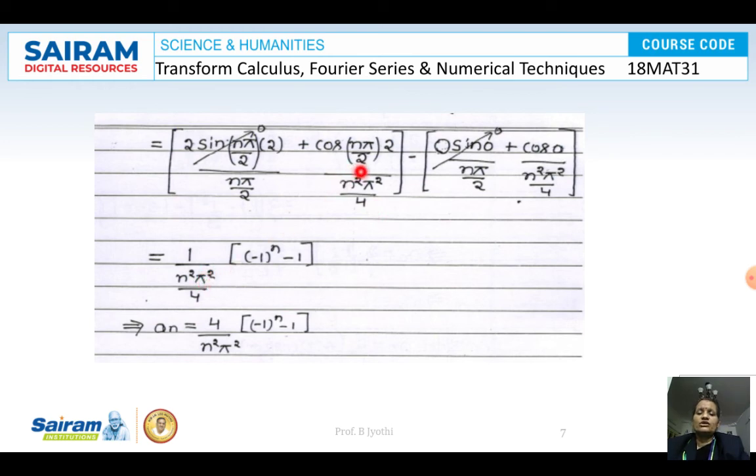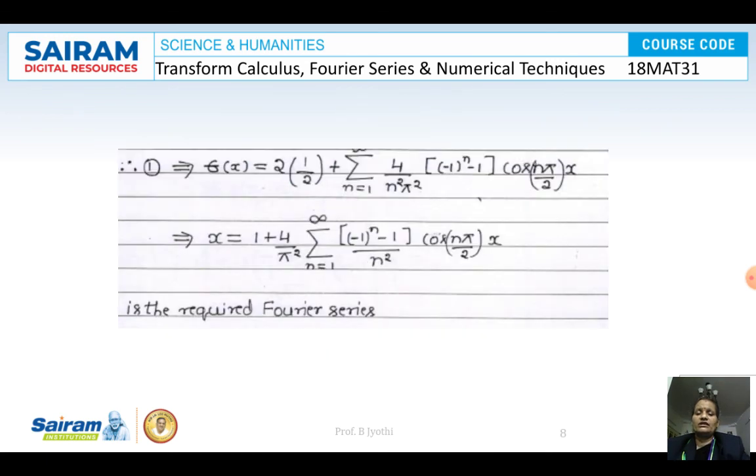Cos n pi is minus 1 power n and cos 0 is 1. Therefore, minus 1 power n minus 1 is inside the bracket, and outside this 4 goes to the numerator, and we get an equal to 4 divided by n squared pi square into (minus 1 power n minus 1). We got the value of an now.